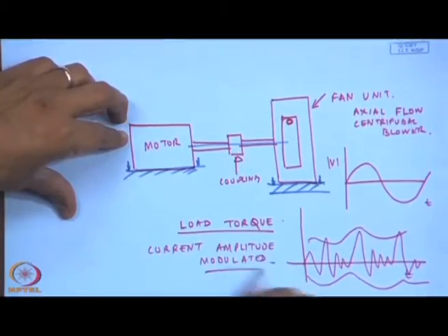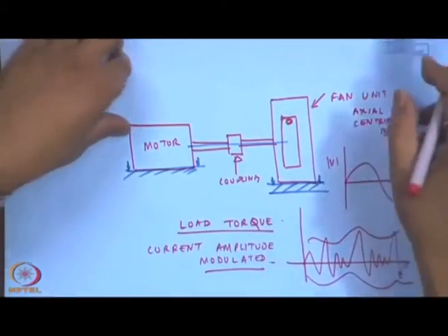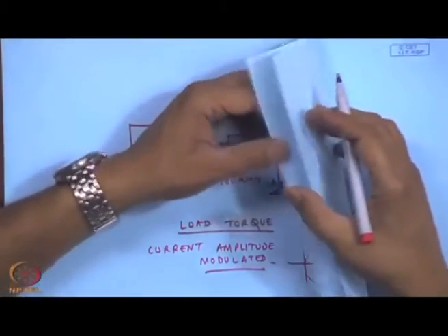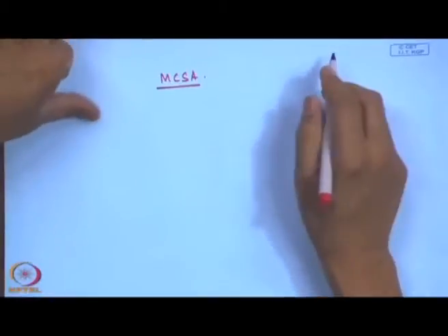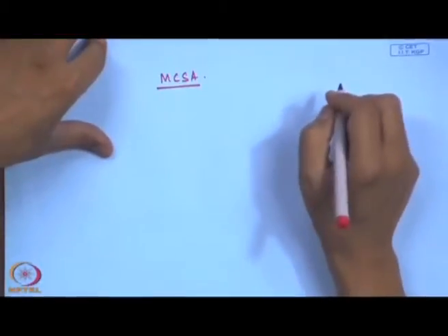So, I had told you about motor current signature analysis, or maybe we will study it in a few of the previous lectures on motor current signature analysis. So, MCSA can also be used to monitor the defects in the fans, blowers and compressors.